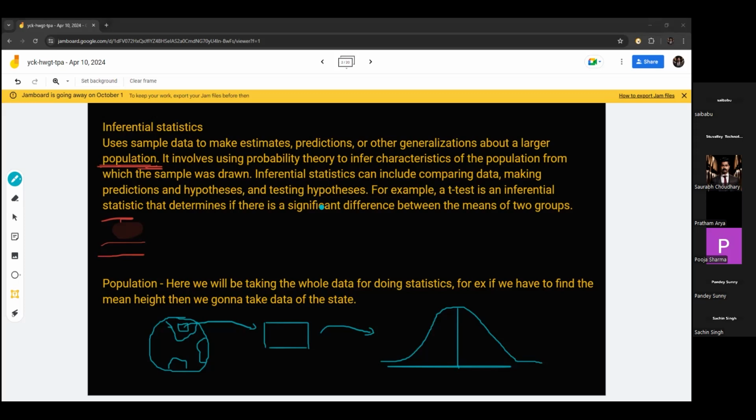The mean of the sample is equal to the population mean.